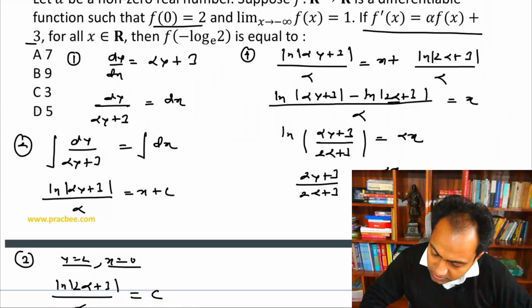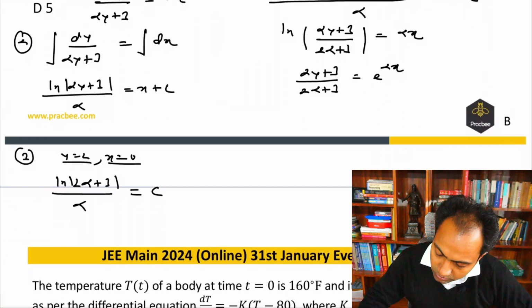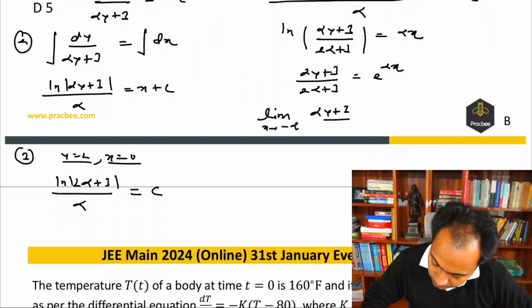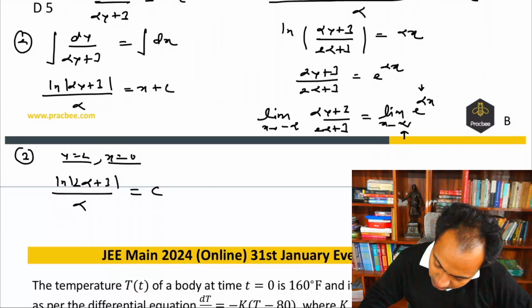What they have given is, if I put x tends to infinity, now what is going to be the value? So now if I put limit on both the sides, limit x tends to minus infinity. So this is alpha and this is infinity, it's slightly different.